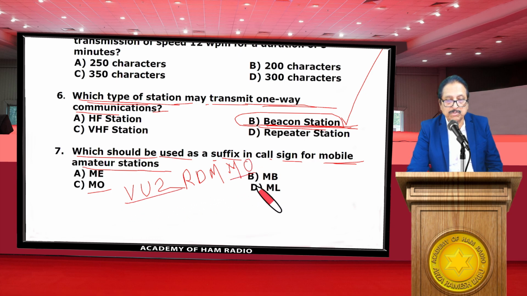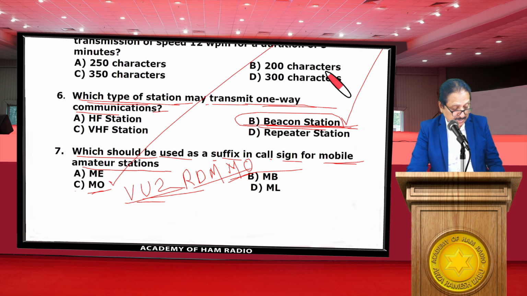VU2RDM MO means mobile operation, so that others who are listening to our signal will come to know VU2RDM is on mobile operation. So the correct option is MO. Charlie is the right option.